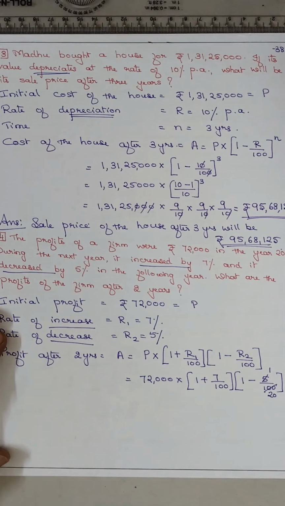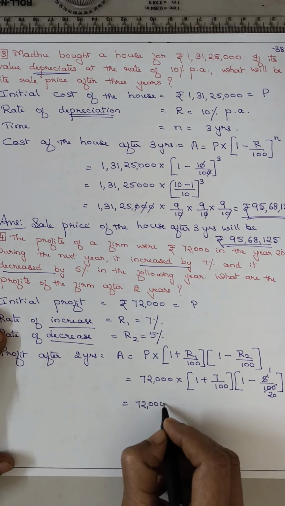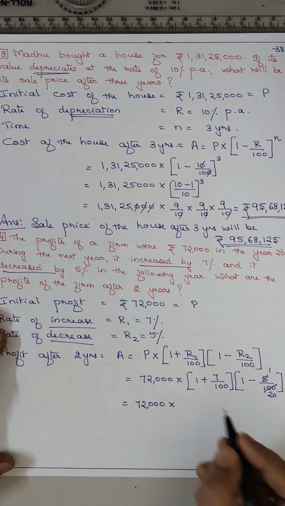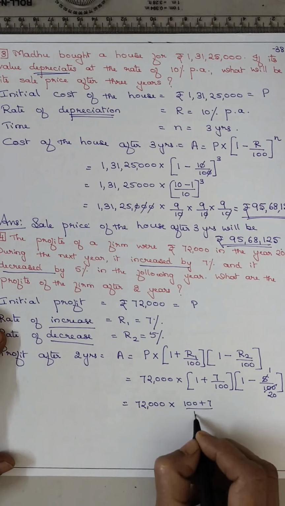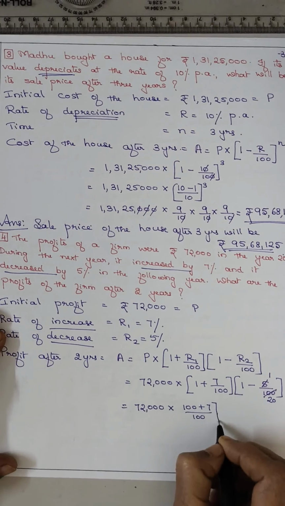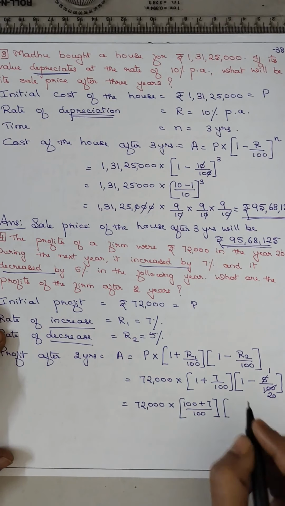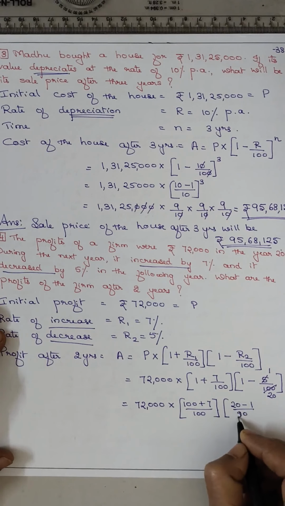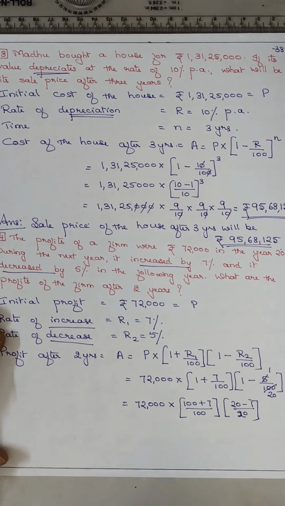So it becomes 72,000, this becomes 100 plus 7 upon 100, and in the second one it becomes 20 minus 1 upon 20, isn't it?